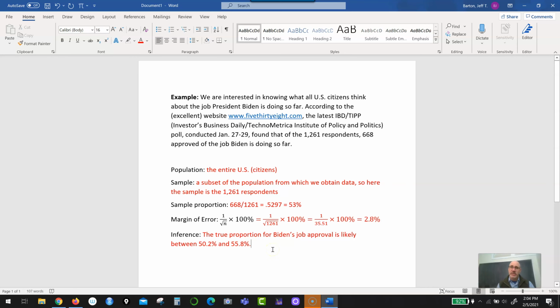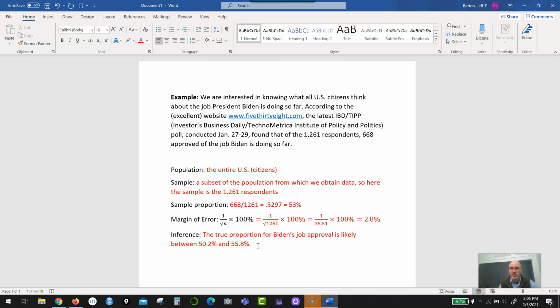All right, so as far as descriptive versus inferential, the 53%, the sample proportion, that's a description of what happened in the sample, so it would be descriptive of the sample. But when we use that result to make some prediction or claim about the larger population, then we're using inferential statistics, right?